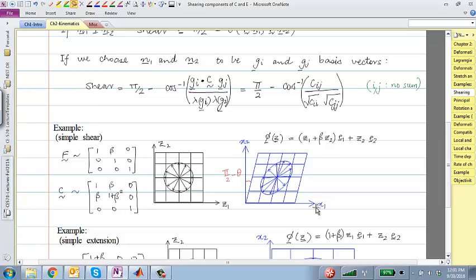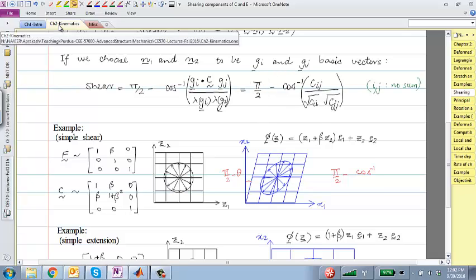So let's figure out theta between G1, G2. This would be pi over 2 minus cosine inverse. All I'm doing is plugging in this angle and trying to see whether that would be the shear.